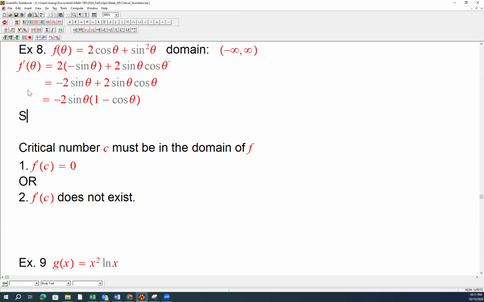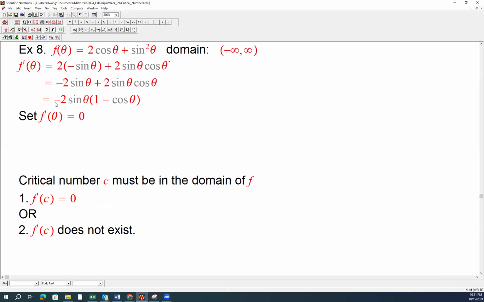All right, set the derivative equal to 0. So this product is going to be 0. We dropped the constant because it doesn't contribute to anything.